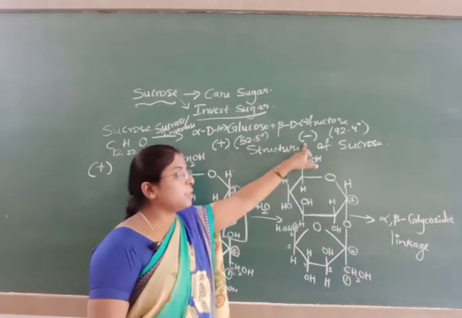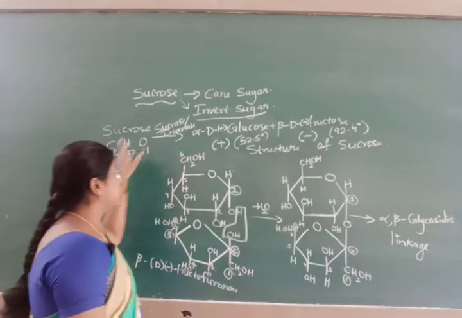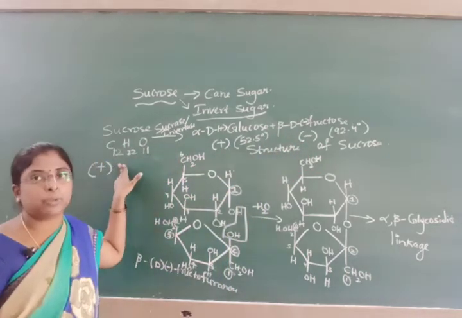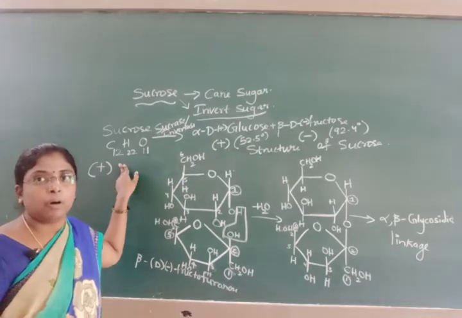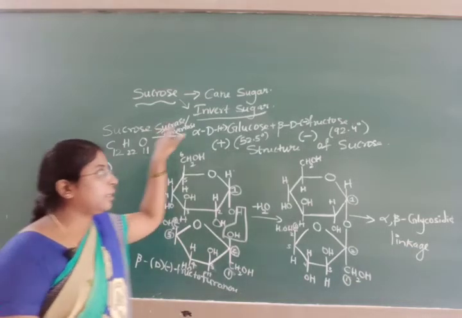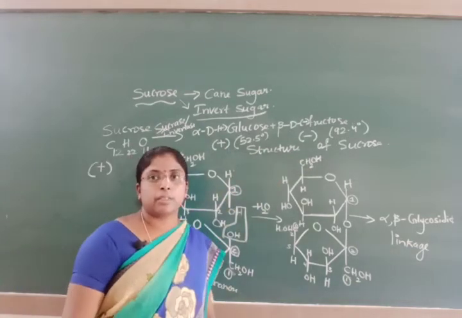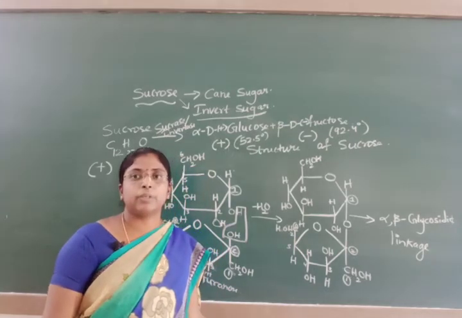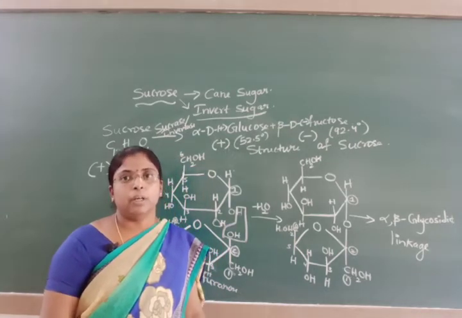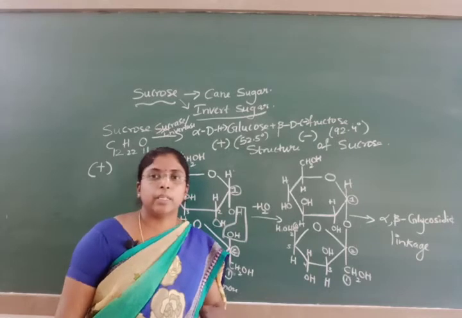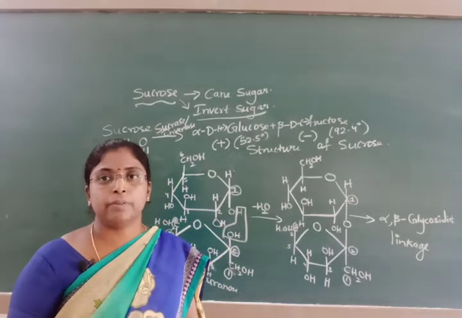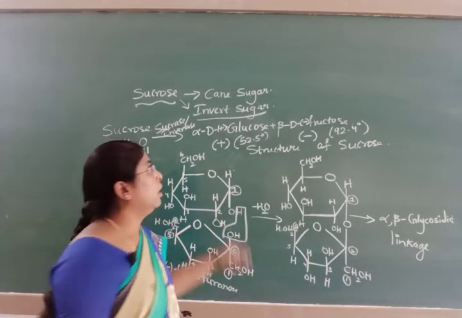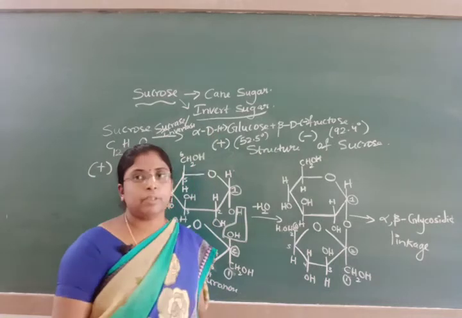Since the fructose is more dominant, the sucrose, which was dextrorotatory initially, on hydrolysis changes its sign to negative. It converts from dextrorotatory to levorotatory. An inversion, a reverse, takes place. Hence this sugar is known as invert sugar.